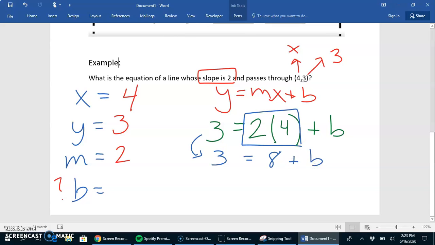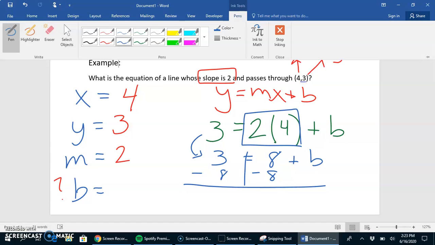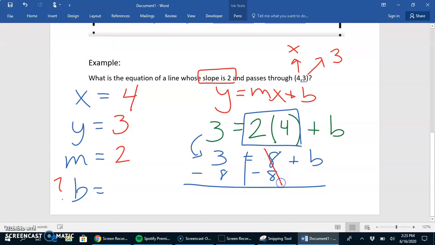Now we're going to use inverse operations to minus, draw my line there, 8 from both sides. And what happens to the 8 minus 8? Yep, we're canceling it out, okay? Now we have 3 minus 8, which gives us negative 11. And we're just going to bring down our b. And our b, or our y-intercept, is going to be negative 11.